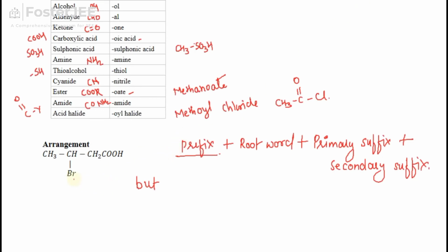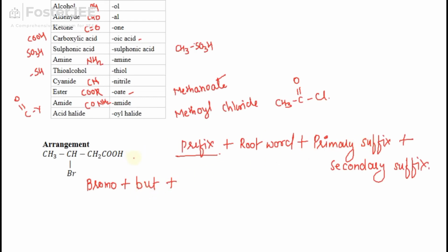And the prefix for this compound will be bromo, because the substituent group is bromine. So the prefix will be bromo, plus the root word will be but, plus the primary suffix.